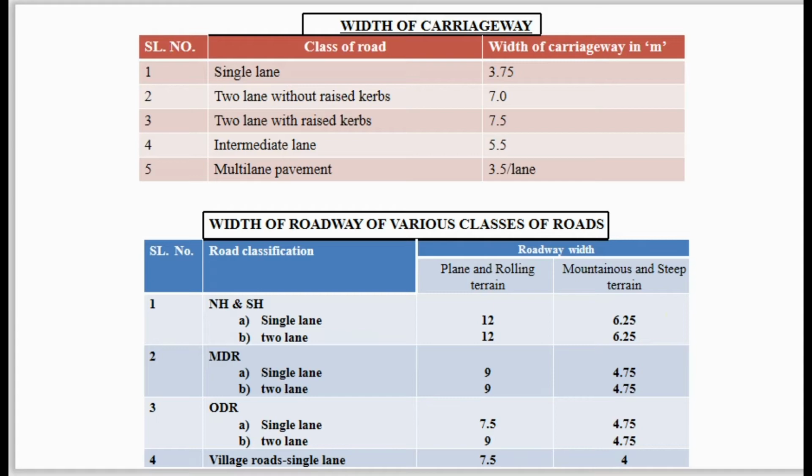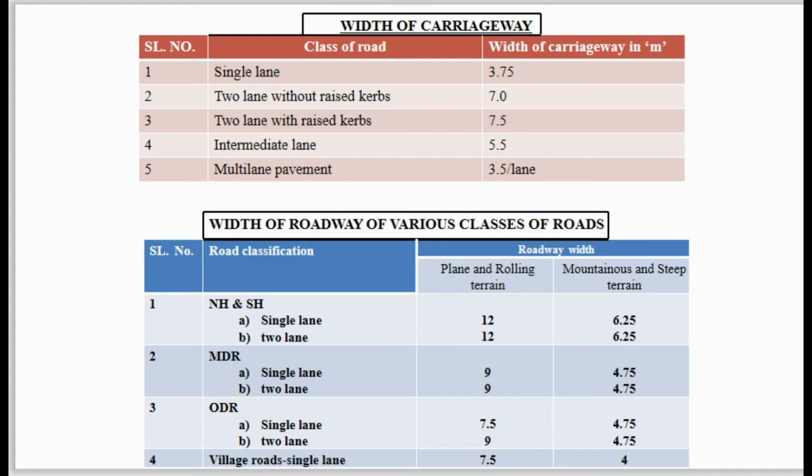Next is the major district road. In a major district road with a single lane, the plain and rolling terrain roadway width should be 9 meters, whereas for mountainous and steep terrain it should be 4.75 meters. Similarly, for the two-lane road, it will be 9 meters for plain and rolling terrain, and 4.75 meters for mountainous and steep terrain.